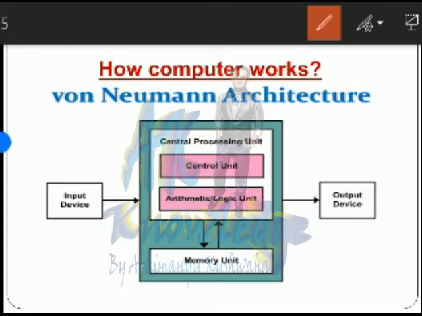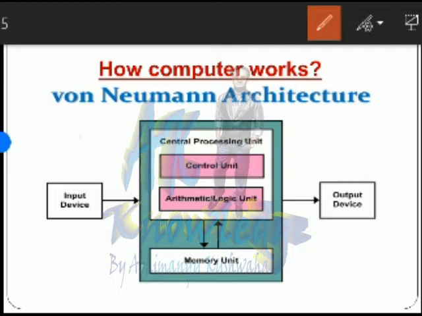There is a space, the memory unit. So the responsibility of the control unit is to verify the signals: whether the signal is weak or proper, whether there is traffic or not. If there is traffic, the signal waits in the memory unit. If there is smooth traffic, the control unit passes the signal to the arithmetic and logical unit.